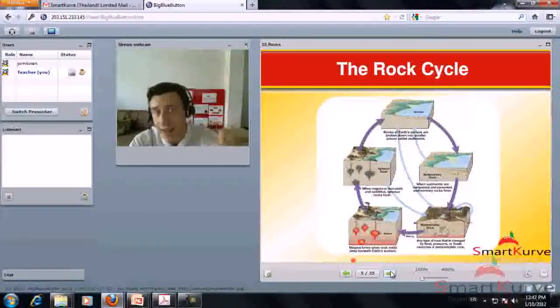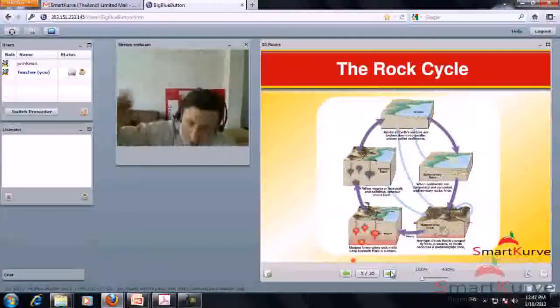That's the same thing that happens with sedimentary rocks. The very small particles fill in the space between the big particles, and that's called cementing. So those rocks are compacted and cemented to form sedimentary rocks.